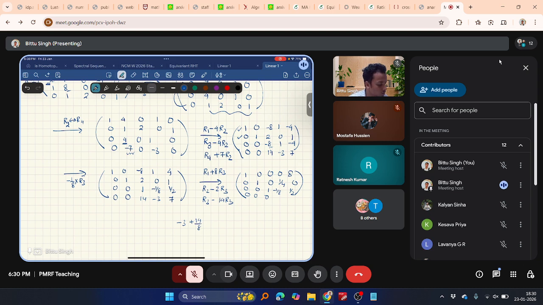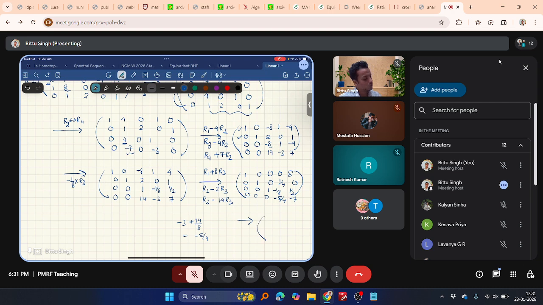Okay, so this is the same as minus 10 by 8, so minus 5 by 4, and then 7 minus 14, which is minus 7. So another reduction is possible.